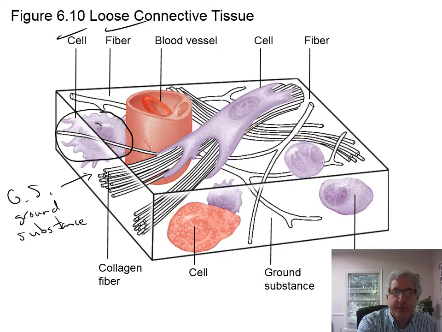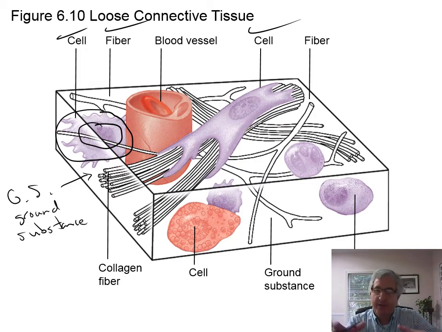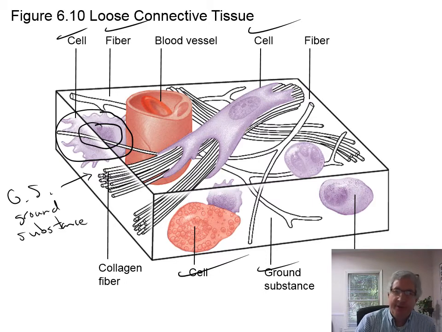There's the nucleus here. Here's another cell here, and they produce fibers. This cell is producing lots of fibers. It's kind of wrapped around these fibers as it's producing them. Here's another type of cell down here, and the ground substance you can see is in between this. So this is a simple slide. I want to show you this slide before we get into the other slides, which get a little more complicated.